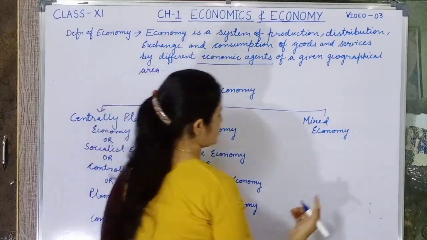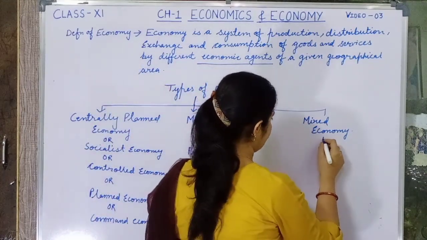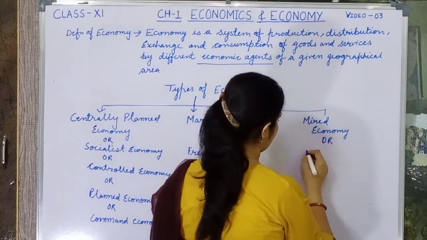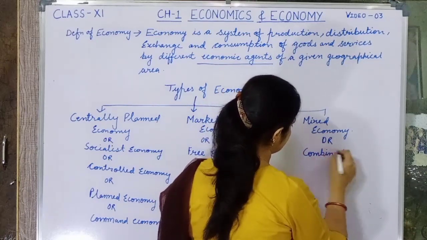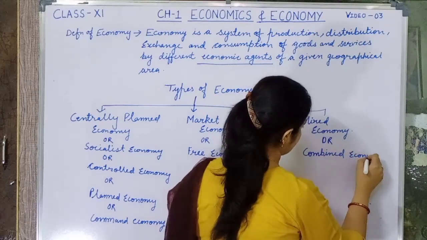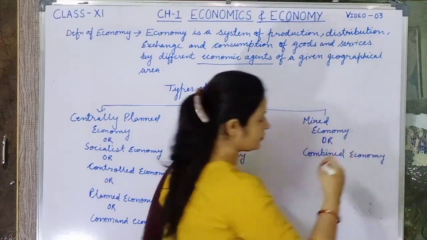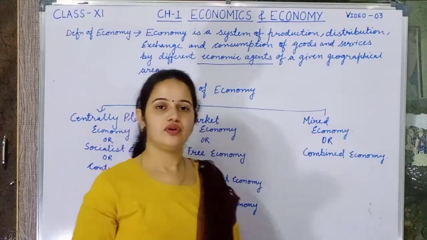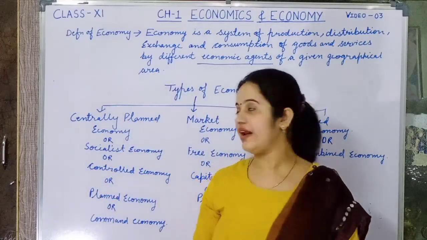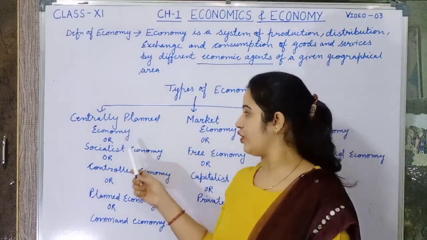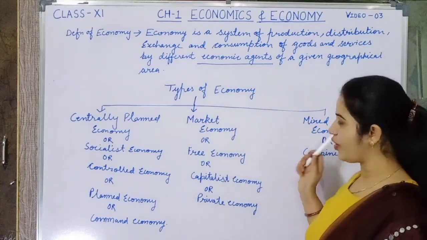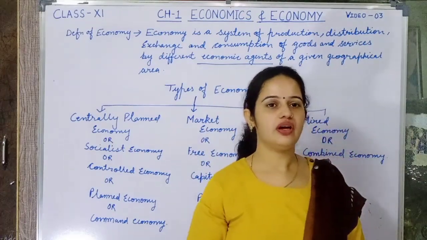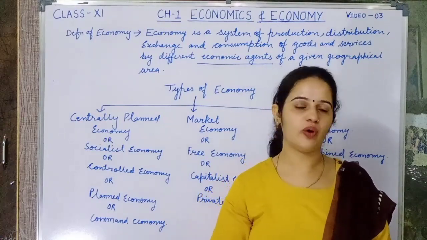Mixed economy has only one more name, that is combined economy. So overall, there are three types of economy: centrally planned economy, market economy, and mixed economy. So now we discuss one by one.